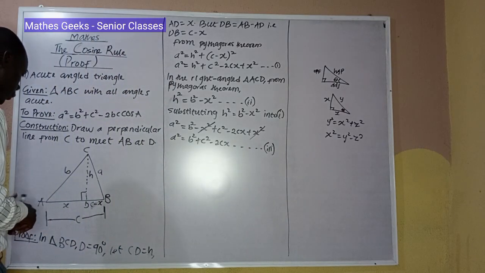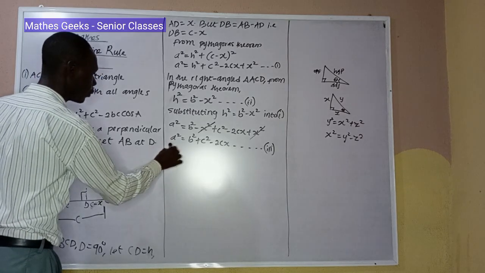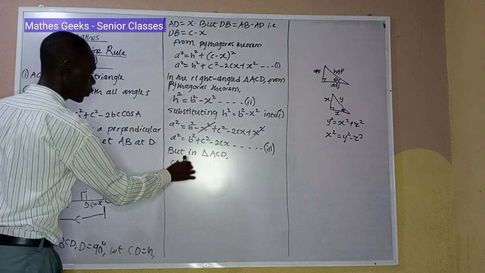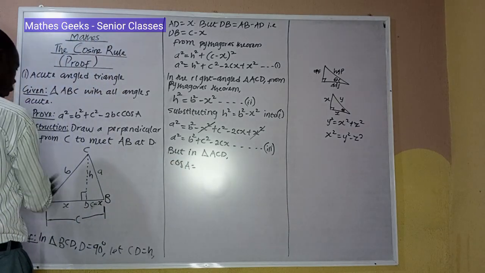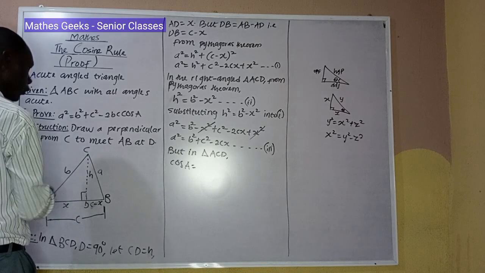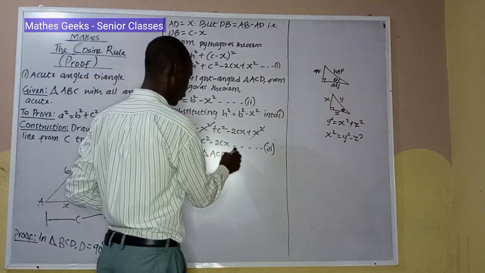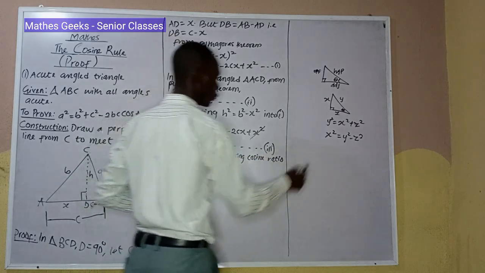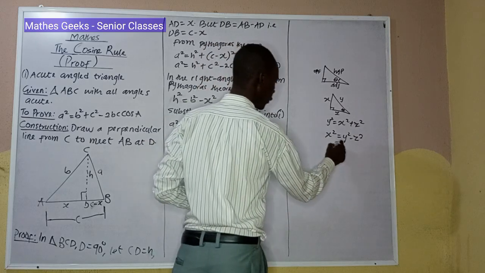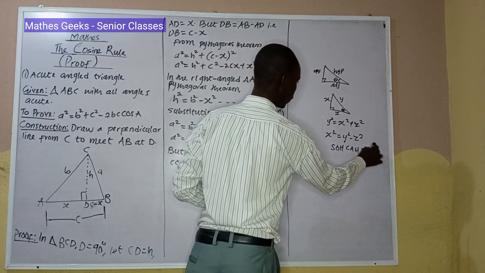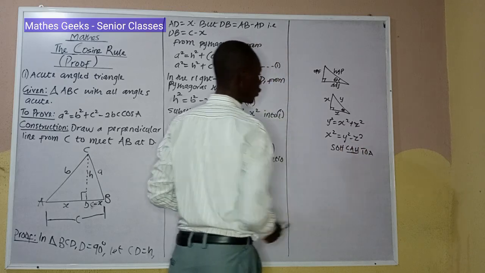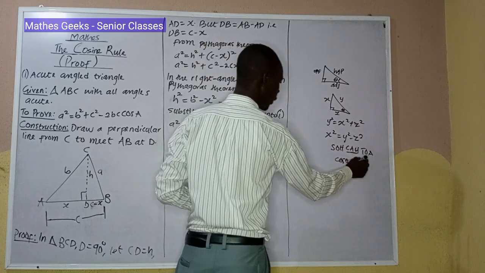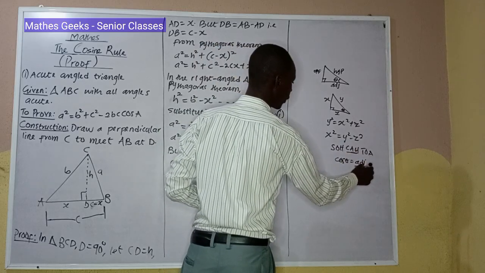Equation 3. But in triangle ACD, cos A is equal to, using the cosine ratio, just like we did for the sine ratio yesterday, this is the cosine ratio, where C is for cos theta, the cosine of the angle, A is adjacent, and H is hypotenuse.